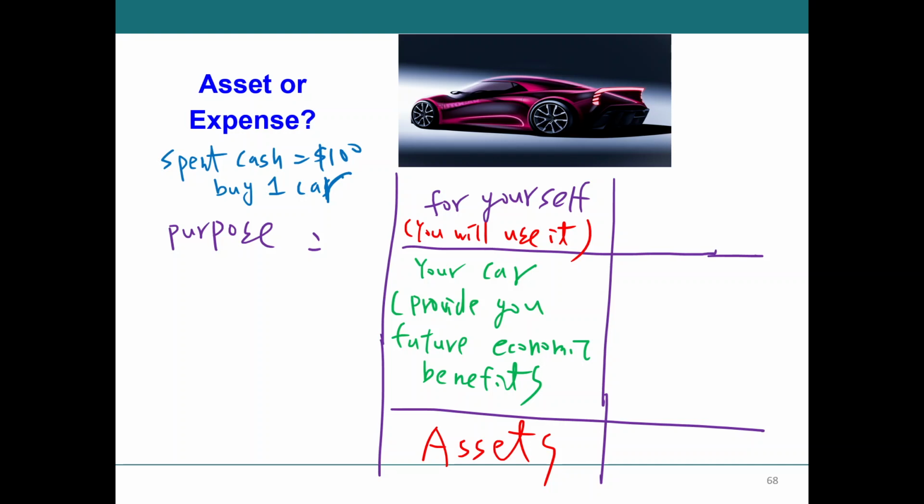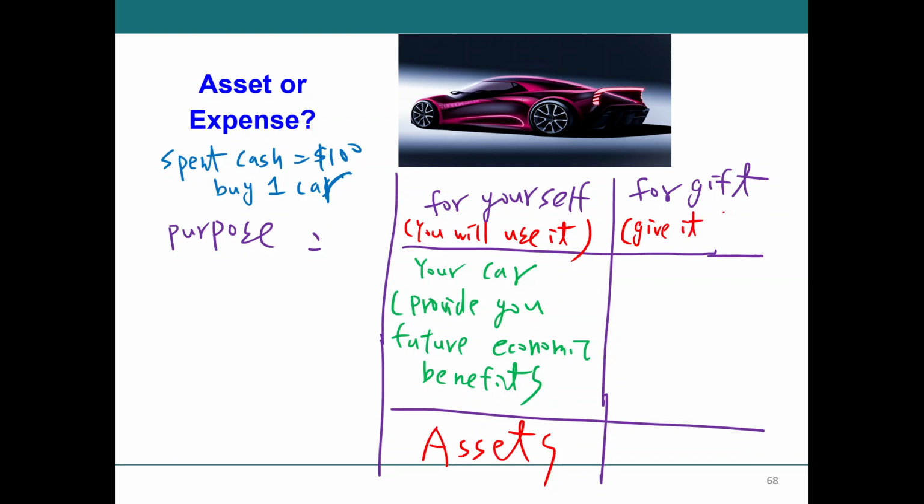So could you tell me, after you buy a car as a gift, you give it to someone else, that's not your car anymore, right? That's someone else's car, not yours anymore, right? So if your purpose is to buy the car for a gift, what does it mean? You will give it to someone else.